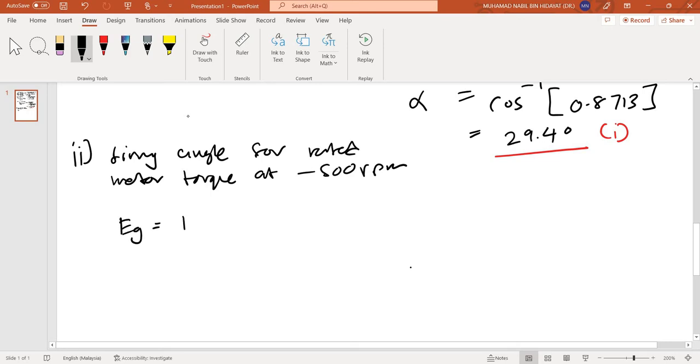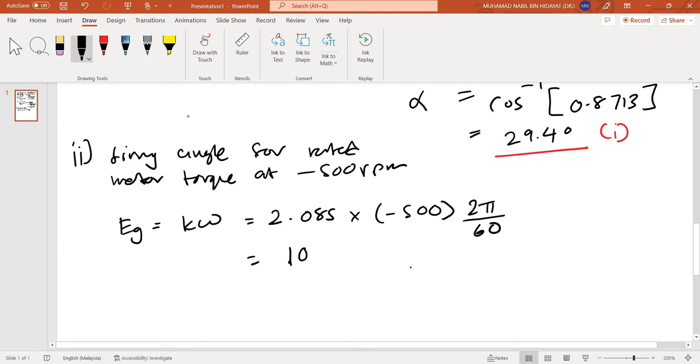You have your armature voltage equals constant times speed. We already found the value of the constant at 2.085, so 2.085 times minus 500 rpm, and you need to translate this into radian per second. You calculate this, and it's around minus 109 volt.